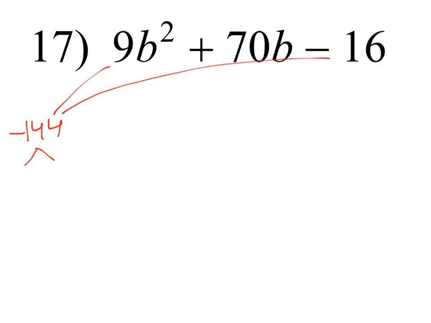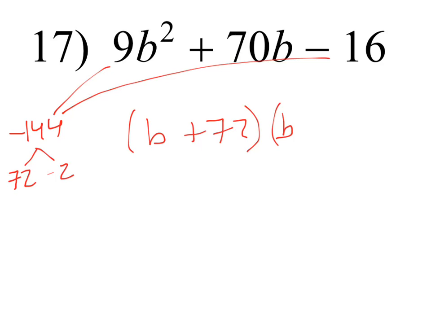Already looking at that, I'm looking at 72 and negative 2, and that'll give you the difference of 70. So those are the factors we're going to use: b plus 72, and then b minus 2.